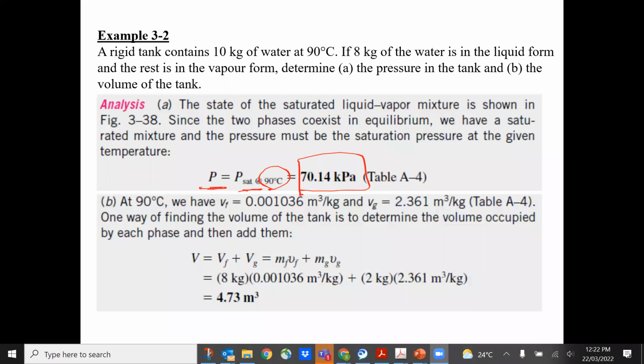This software has a database of tables, and when you enter an input, for example the temperature, it will search the database for the pressure and give you the result.